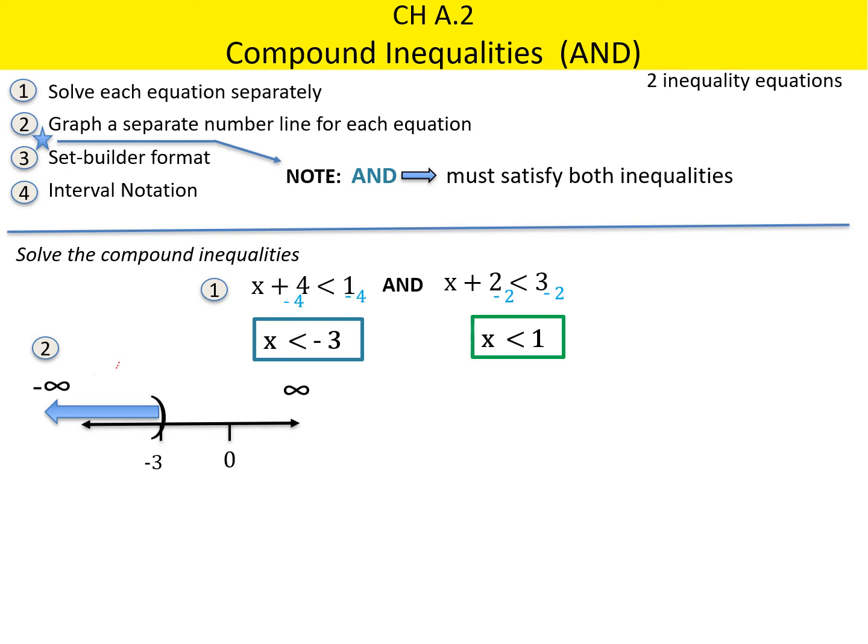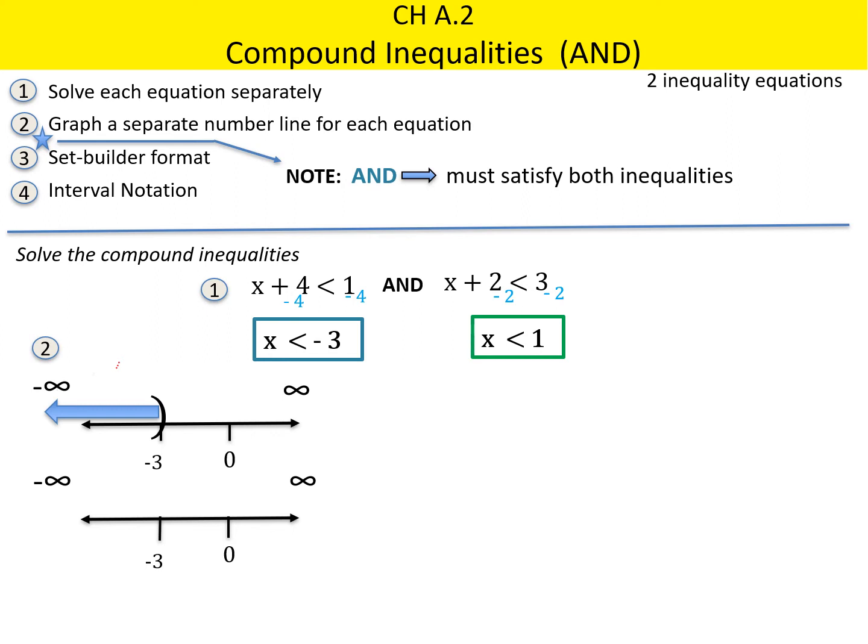Now we're going to do the same exact thing with the second equation. Make sure that you put your number line, the second number line, directly under the first one, so we'll be able to compare them. Now, since we're comparing them, we should label them the same. So go ahead and label the negative 3. Now we're going to label the x less than 1.